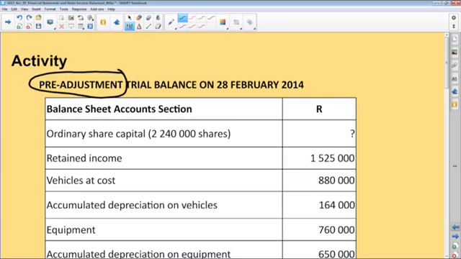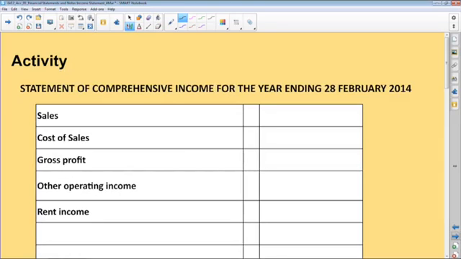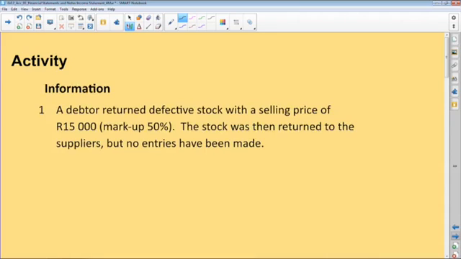And from this pre-adjustment trial balance, we are expected to complete the statement of comprehensive income based on the following information and adjustments. Okay, so you see where we're coming from. We are expected to take the adjustments, make the necessary adjustments on my answer sheet.